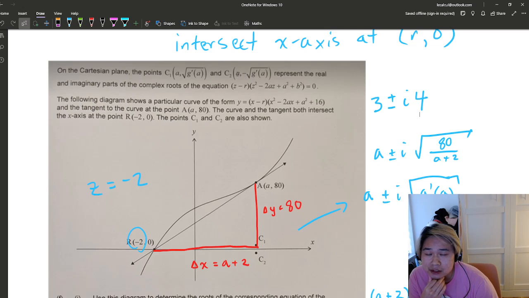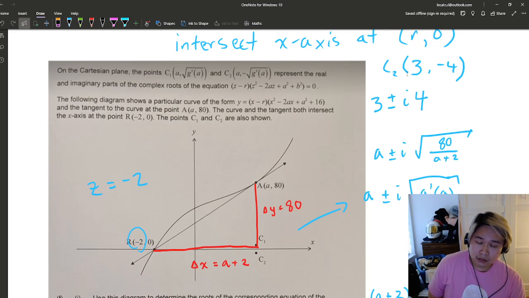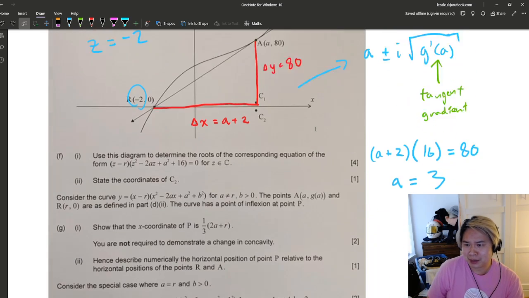So C2 is A and negative 4. Oh, sorry, A is 3. Okay, not too bad if I'm doing this properly.